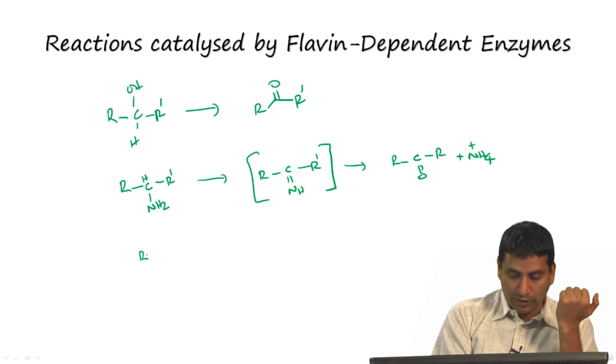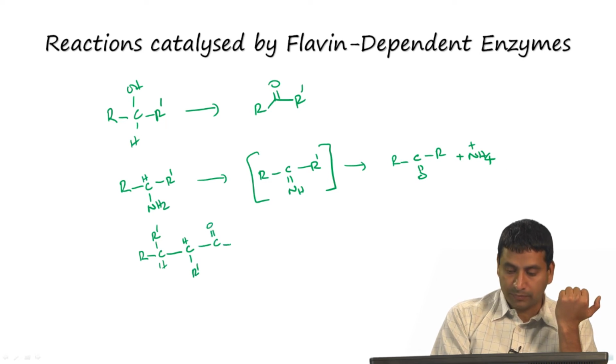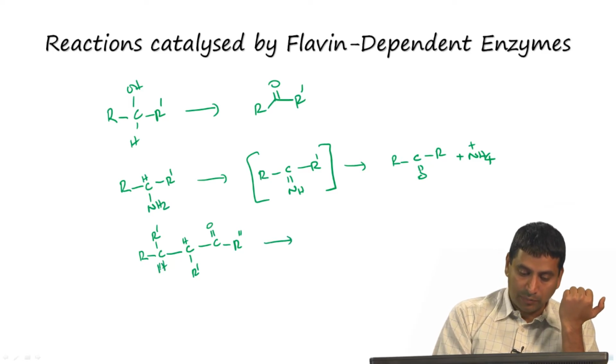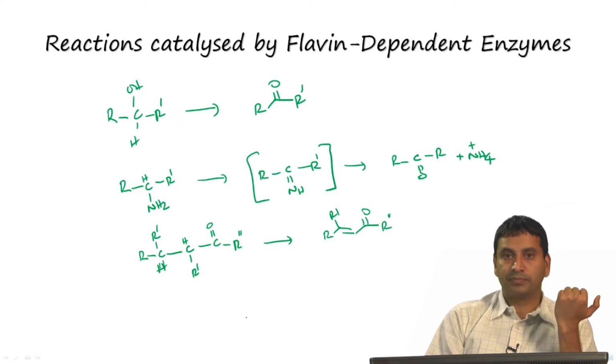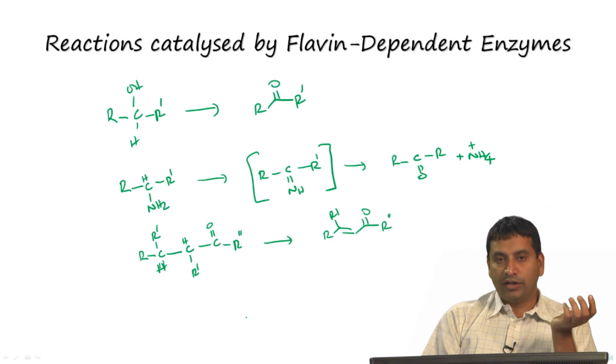So, here the example that we are going to look at is CR prime C H H R double prime to give you, and this carbon carbon bond is going to form a double bond, and you end up with this ketone. Okay. So, this is again an oxidation reaction that is catalyzed by flavin dependent enzymes.